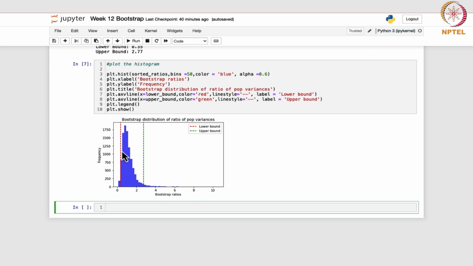You can see from the red and green lines, which are the lower and the upper bound, how 95% is lying between these two endpoints. This is how you can find the confidence interval if you are working with population means, or population variances, or the ratio of the two variances, or any other statistic in which you are interested.